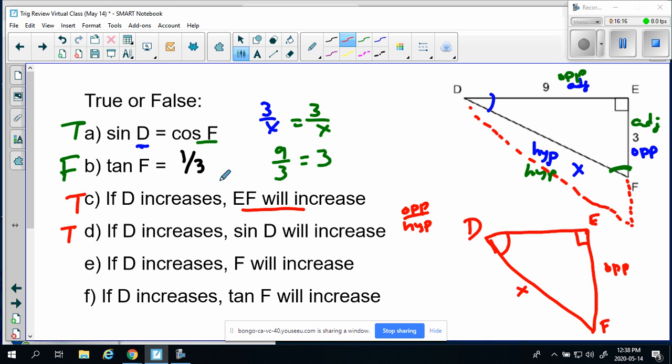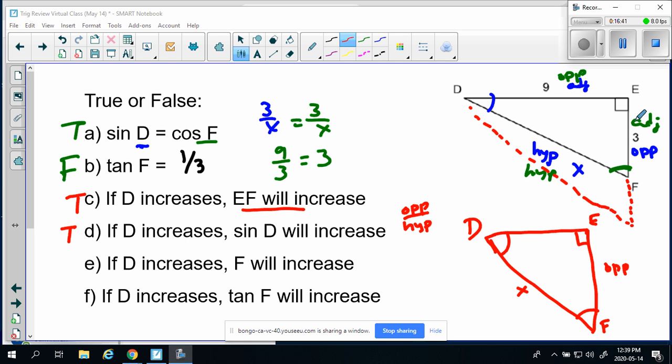What about E? If D increases, then F will increase. So is it true that if we increase this angle, that this one also increases? I have not drawn this diagram very well, so maybe it looks like it did, maybe it looks like it didn't. In any triangle, the angles have to add up to 180.